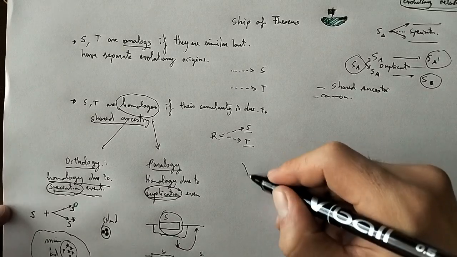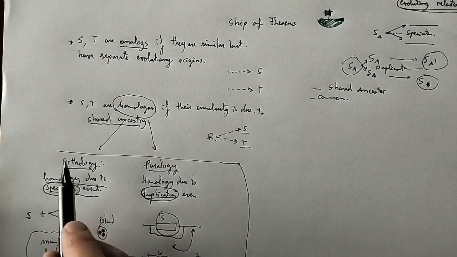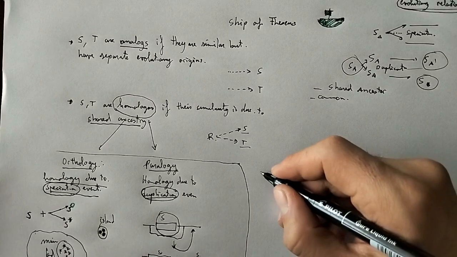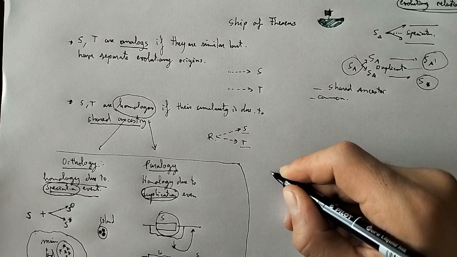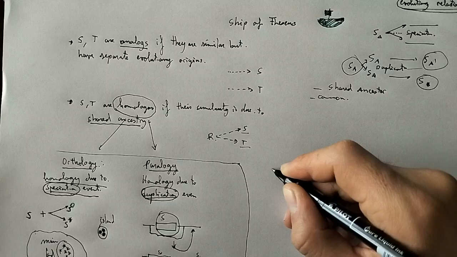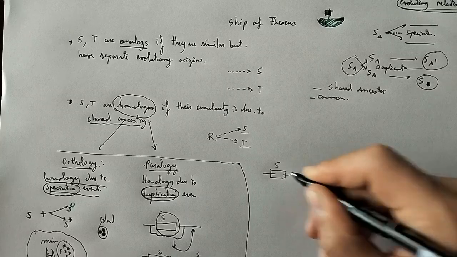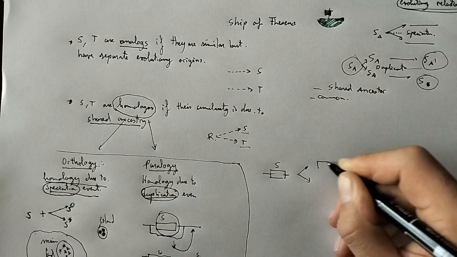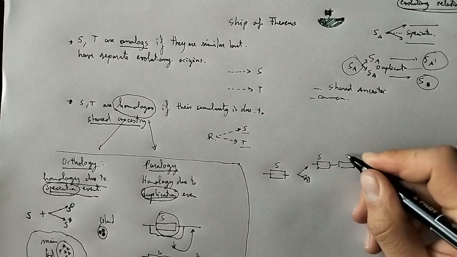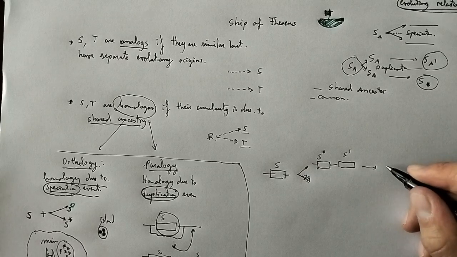And you can have even phenomena where you have orthology and paralogy that start being intertwined. For example, you start with one sequence, S, for example, then you get a duplication, S and S prime, or S second and S prime, and then you have the speciation.